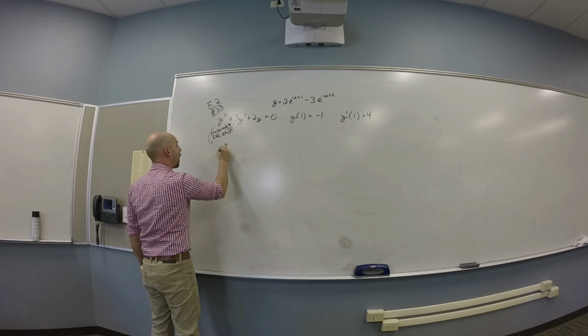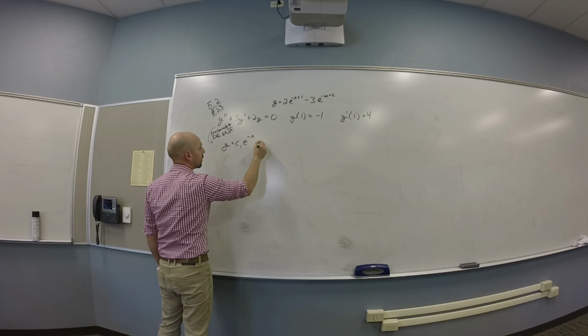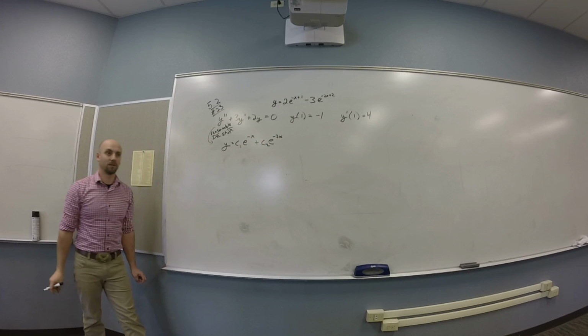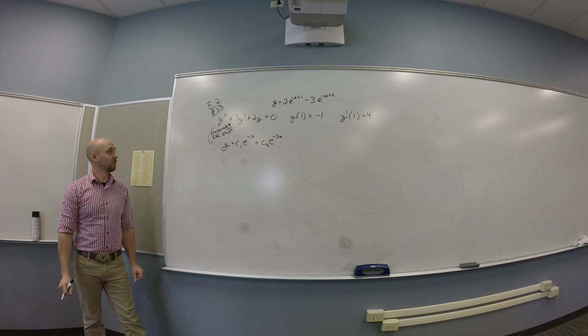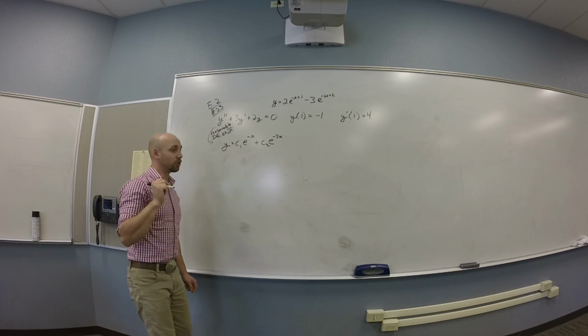And we got y was c1 e to the minus x plus c2 e to the minus 2x. Right? Okay, once I had that, then I may do this other trick, right?